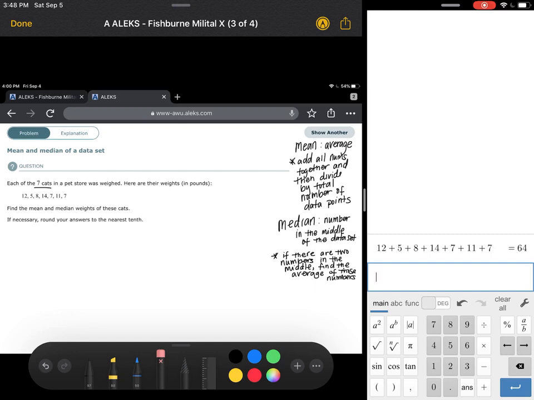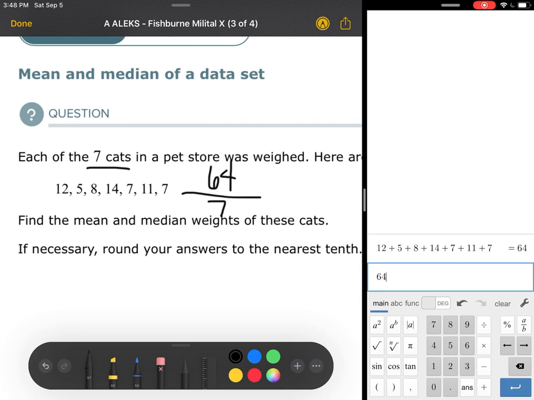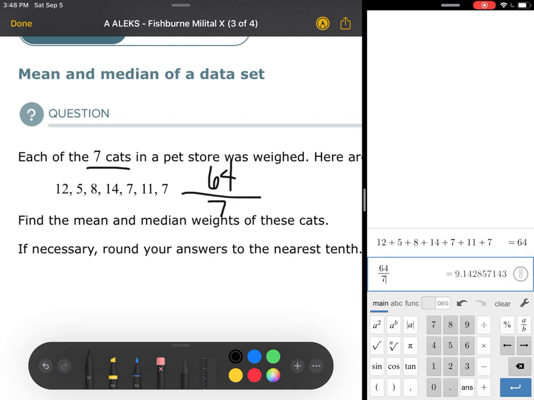So the second thing it tells you to do is add all the numbers together and then divide by the total number of data points. And some people are like, well, what is the total number of data points? It gives you 7 weights, right? So you have 64, and you're going to divide by the number of data points. So, just to review, I hit the division button, and there's 7 of those.